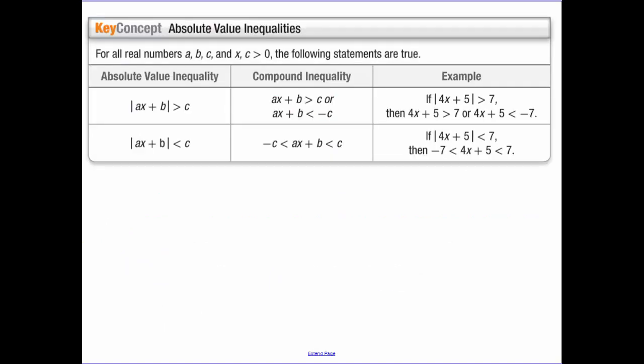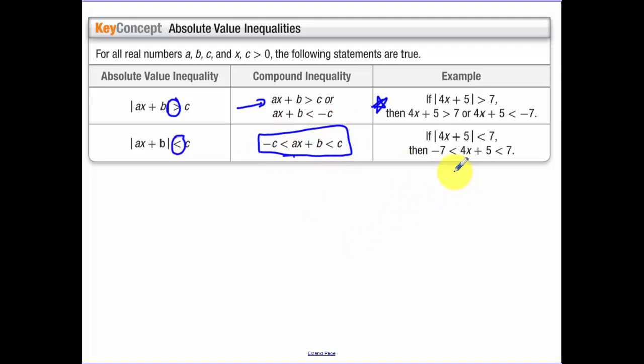So how this works when you have absolute value inequalities: like before, make sure you isolate the absolute value sign. This is a greater than statement, so you write out 2 inequalities. I have 2 inequalities over here. When you have a less than sign, it becomes that sandwich, that and.